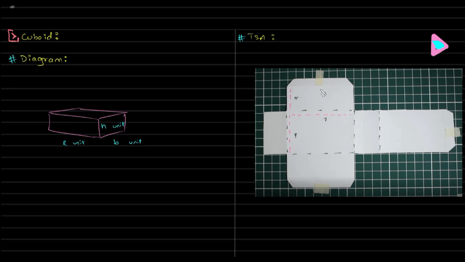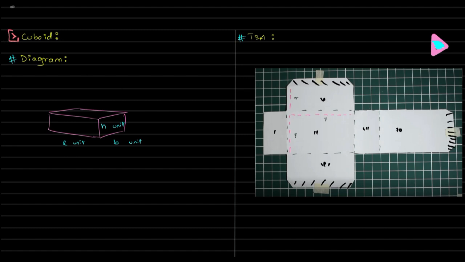Now, the first thing is, let's remove the extra part. This is the extra bit. It's meant for connecting or joining things. So this we can ignore. So remaining we have 1, 2, 3, 4, 5 and 6.